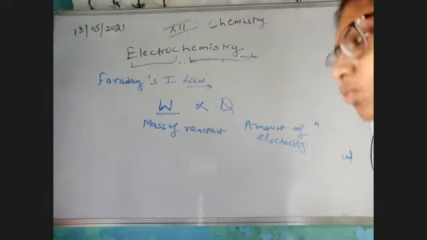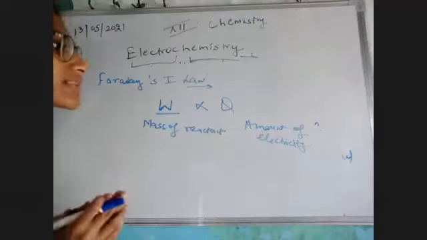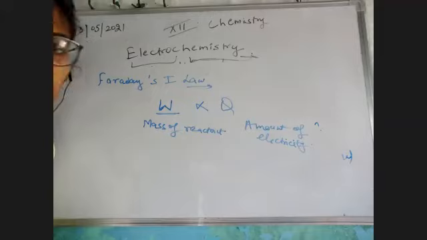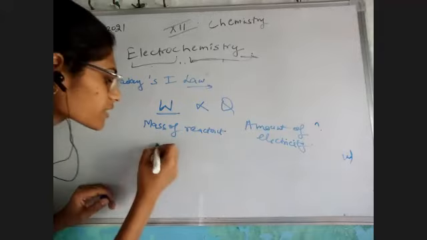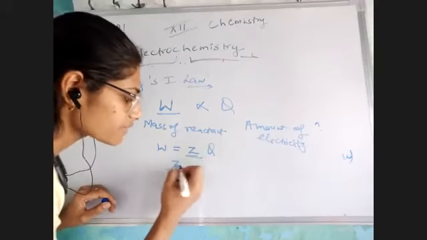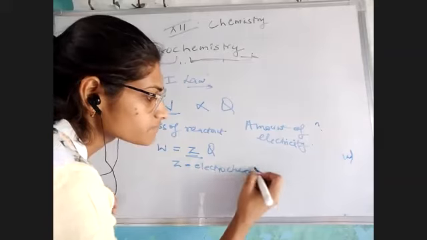So W is the mass of electrolyte which is decomposing, and Q is defined as the amount of electricity which we have provided. Removing the proportionality constant, we get the value Z, which is known as electrochemical equivalent.